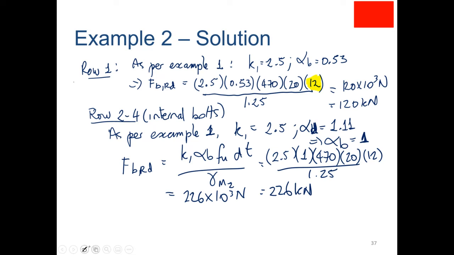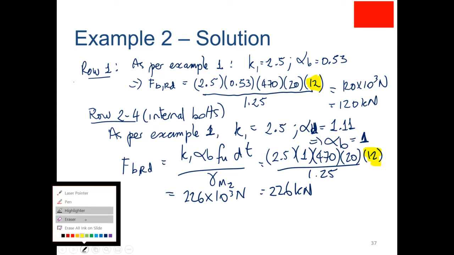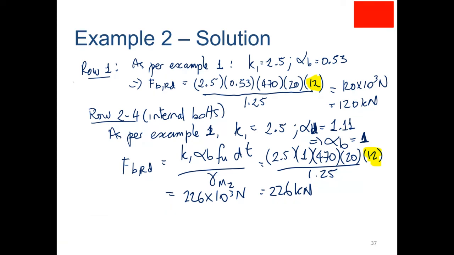Again, the difference between the last example and this example is just this 12 millimeter plate that's dictating the design. So from the above, the minimum bearing resistance that we have is equal to 120 kilonewtons, which is for the edge bolt.